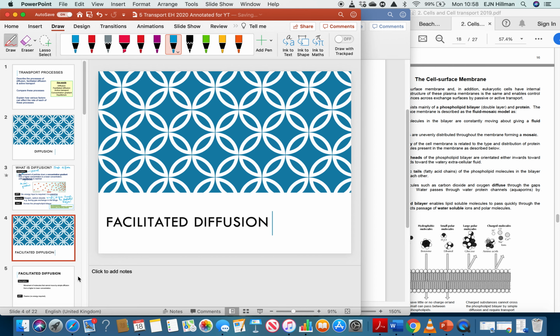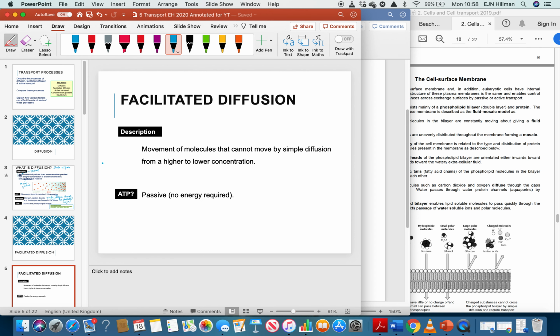The next is facilitated diffusion. Okay, and this is different. We could say net movement again: the net movement of molecules that cannot move by simple diffusion from a higher to lower concentration. So again, it's from a high concentration to a low concentration, but these molecules are unable to move by simple diffusion through the phospholipid bilayer.